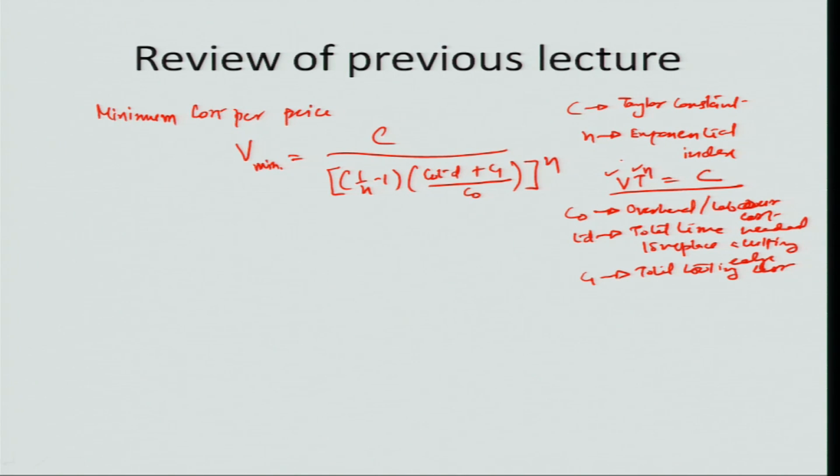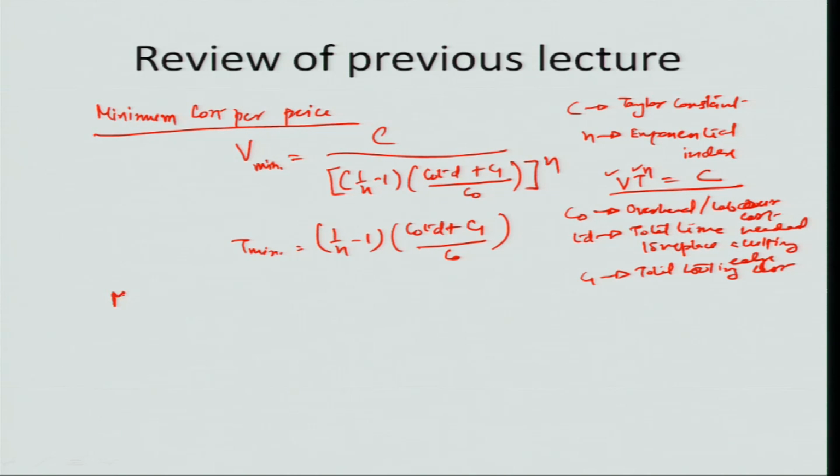Obviously T was the tool life, V was the cutting velocity in this condition, and C was a constant. So having said that, this was one of the criteria for determining the optimum machining velocity, for which the total tool life corresponding to minimum cost came out to be (1/n - 1) times (C0 Td + C1) divided by C0.